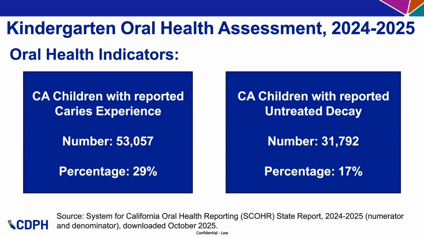It gives an idea of the burden of oral disease, but also provides the current level of needs among the kindergarten children. And it's very important to monitor these oral health outcomes because they are very helpful in guiding our ongoing sustained efforts, both at the state level as well as the local level. Next slide, please.